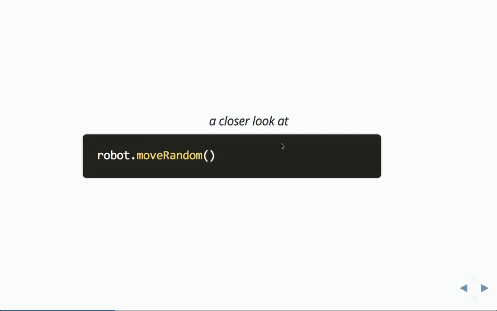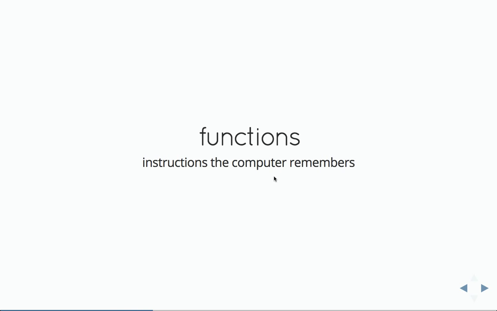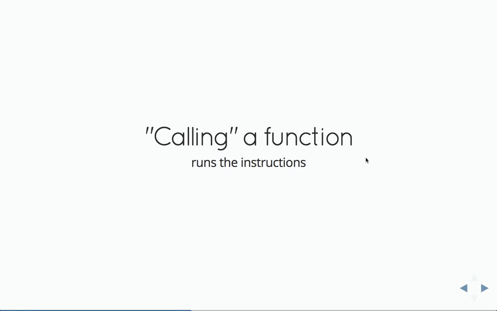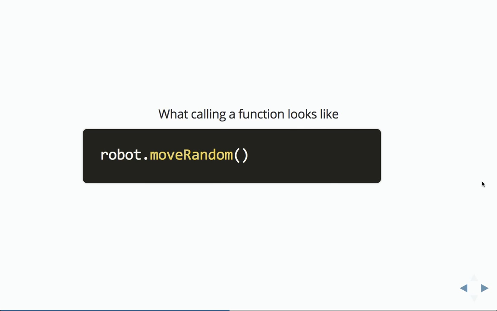Let's take a closer look at this line of code that we ran. What we did was use a function, and functions are instructions that the computer remembers. Specifically, what we did was we call the function, which tells the computer to run the instructions that are under that name. And this is what calling a function looks like.